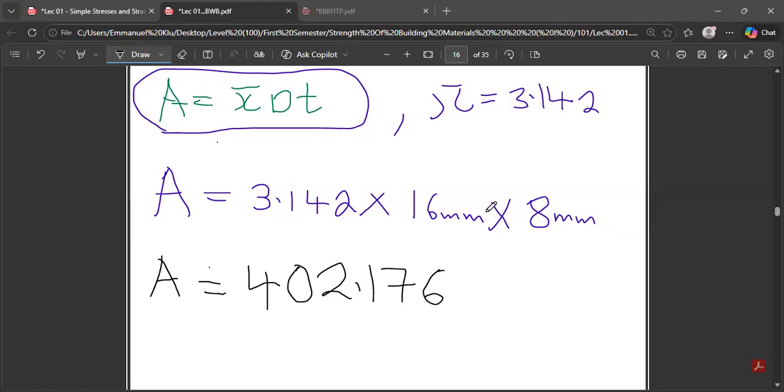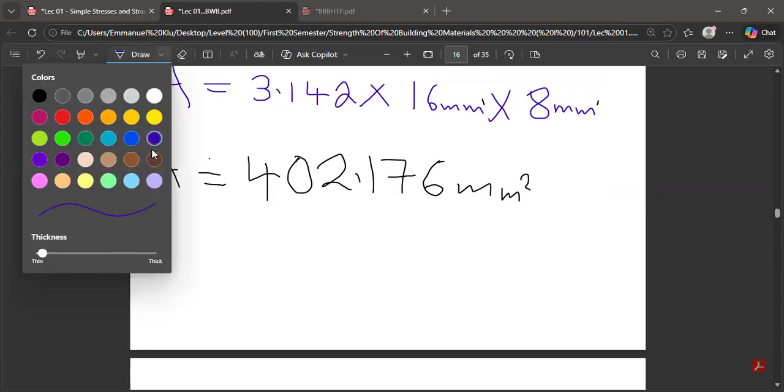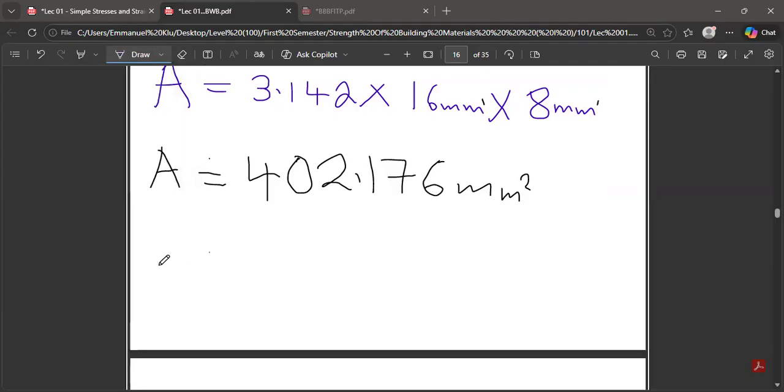So in indices, we said that this has an exponent of 1, and this also has an exponent of 1. Because the bases are the same and they are multiplying, our millimeter is going to be squared. That is why at the end of the day, our area is squared. So finally, we can substitute this into our equation and we are good to go.